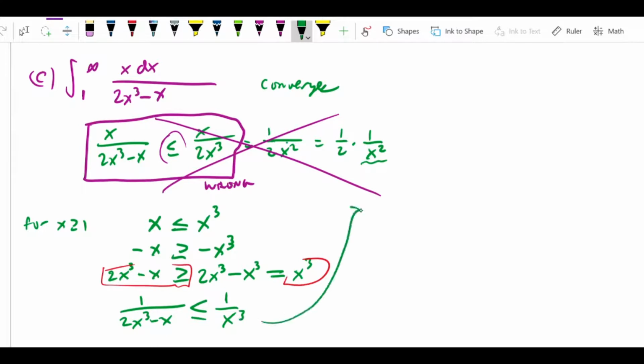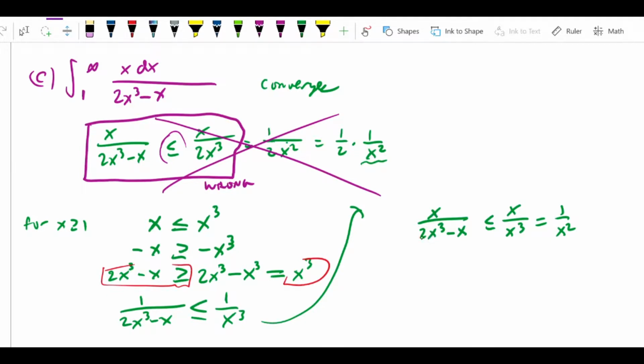And if I multiply both sides of this inequality by x, since x is still a positive number in the interval 1 to infinity, I get x over 2x cubed minus x is less than or equal to x over x cubed, which equals 1 over x squared.